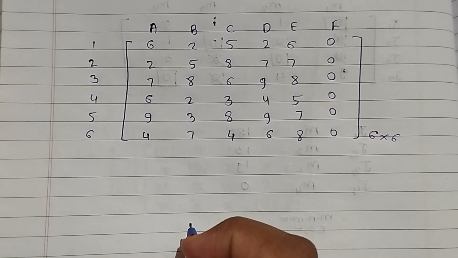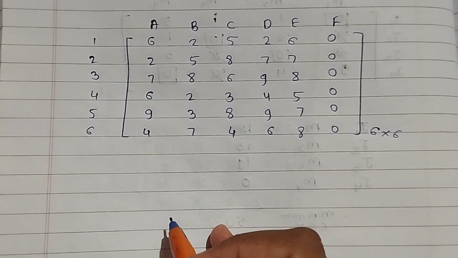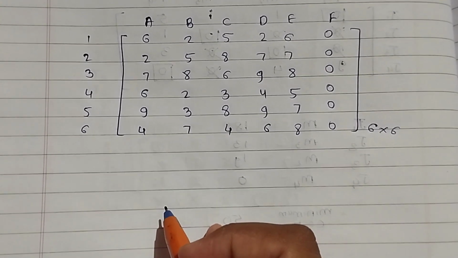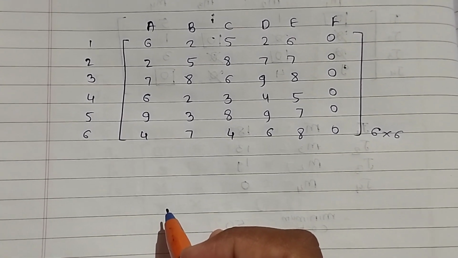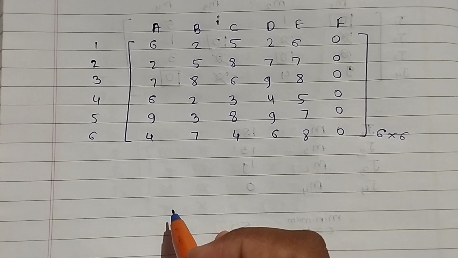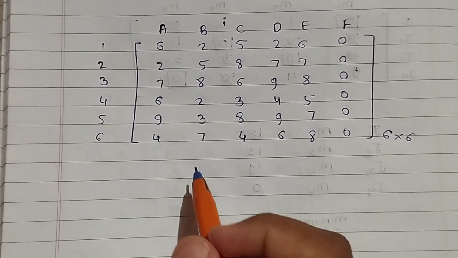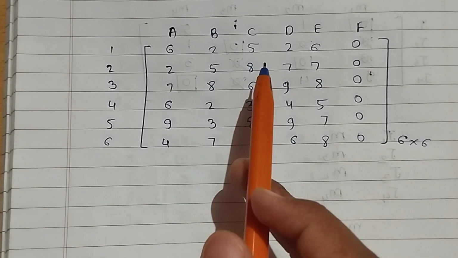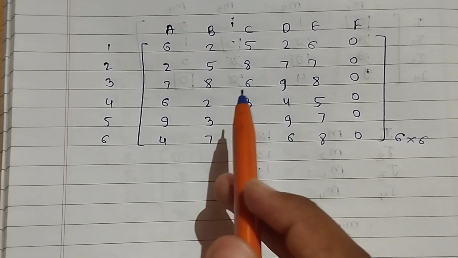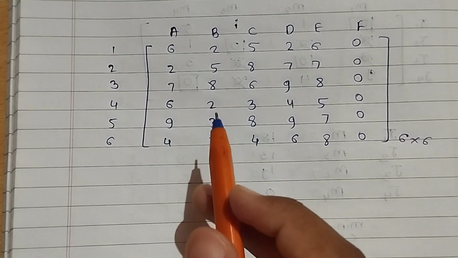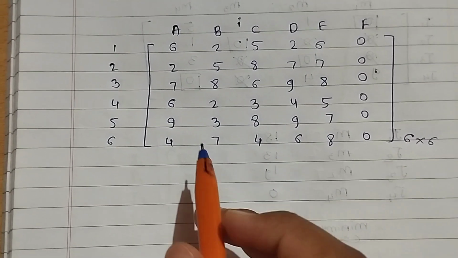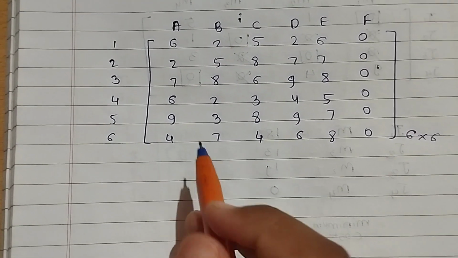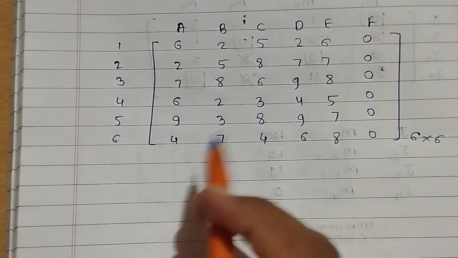Now all the steps for solving the assignment problem are the same as for the balanced assignment problem. If you want to find the minimum value, then simply find the minimum from each row and subtract it from the respective row, and then find the minimum value from each column and subtract it from the respective column.